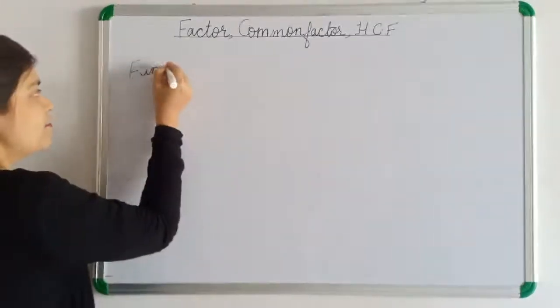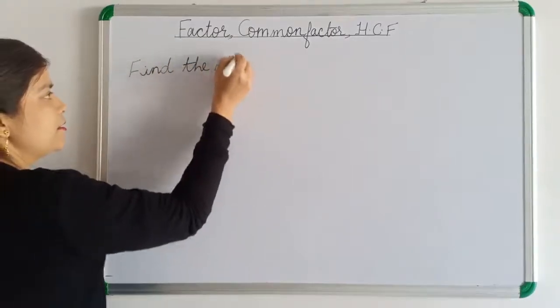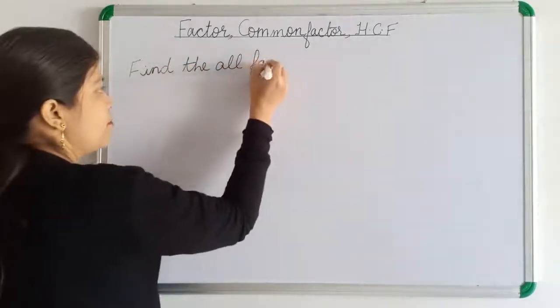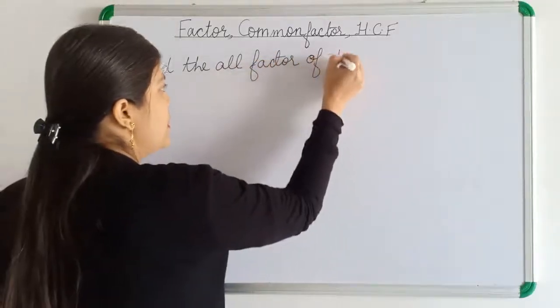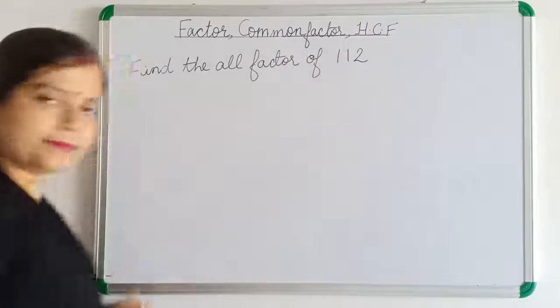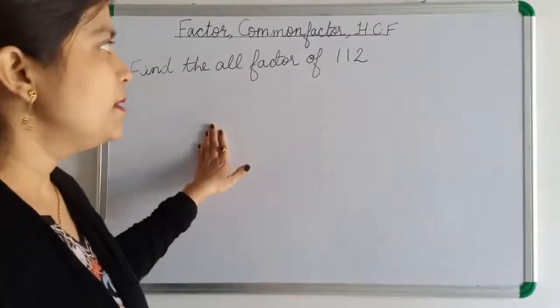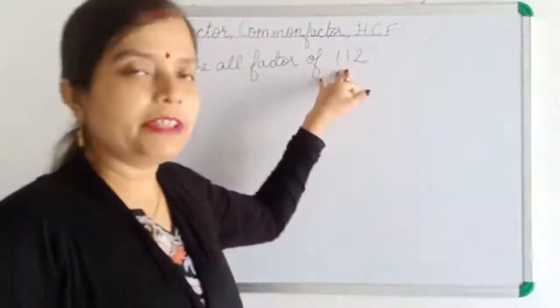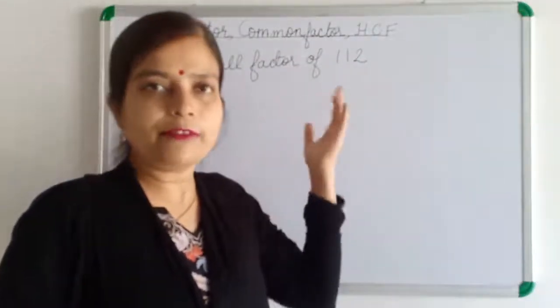So here it is, find all the factors of 112. So we have to find all the numbers by which if we divide 112, we will get 0 remainder.